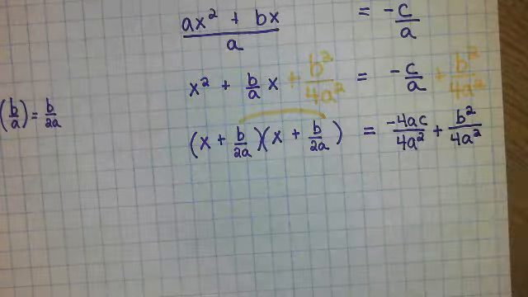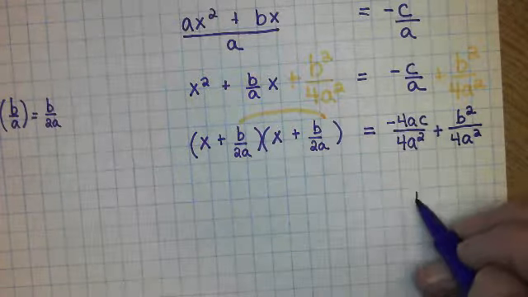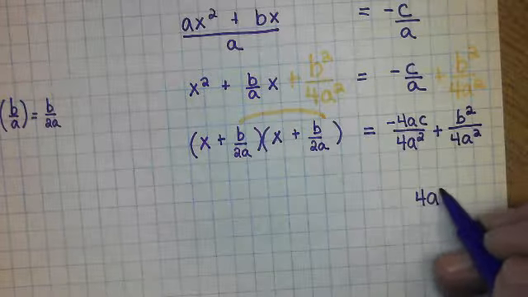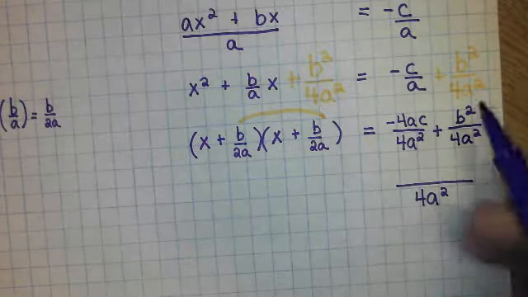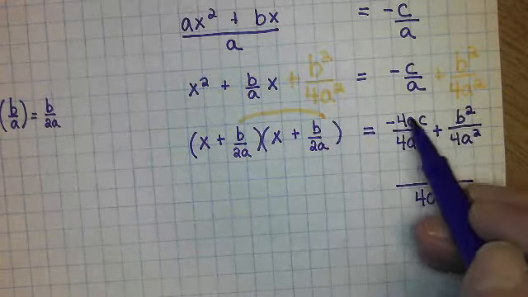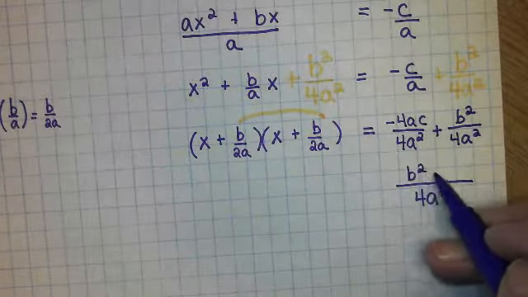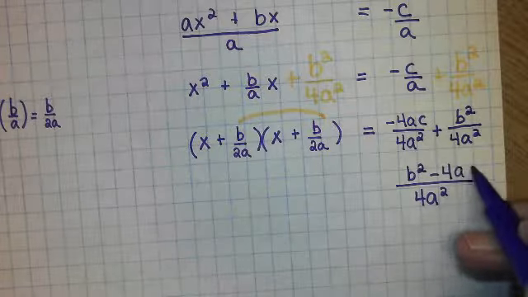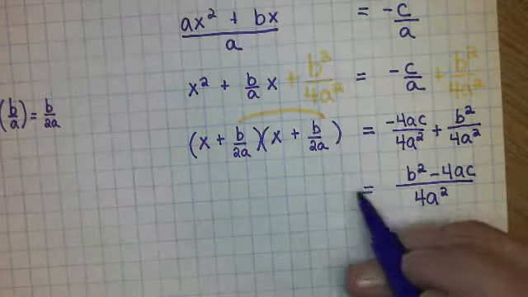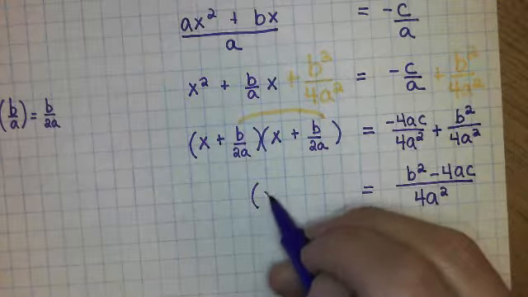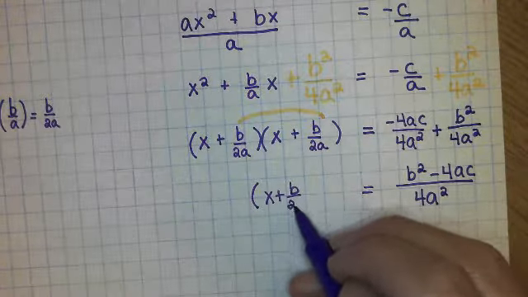The negative c will still be there. So my common denominator will be 4a squared, and on my top, since it's a negative plus a positive, I'm just going to rearrange it and put b squared minus 4 times ac. That is equal to our quantity squared.